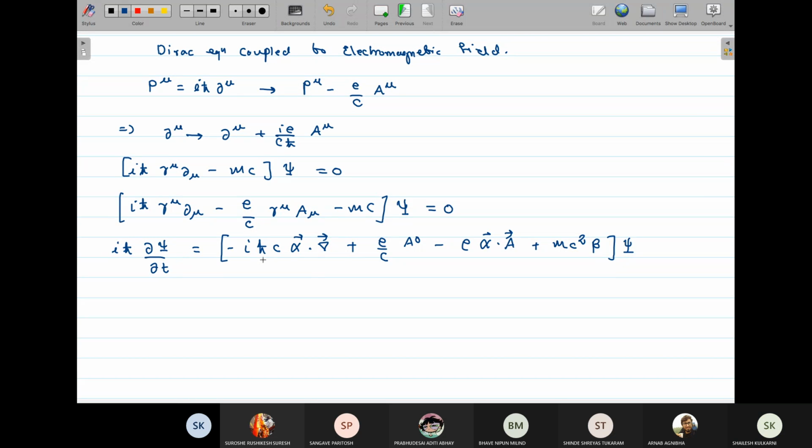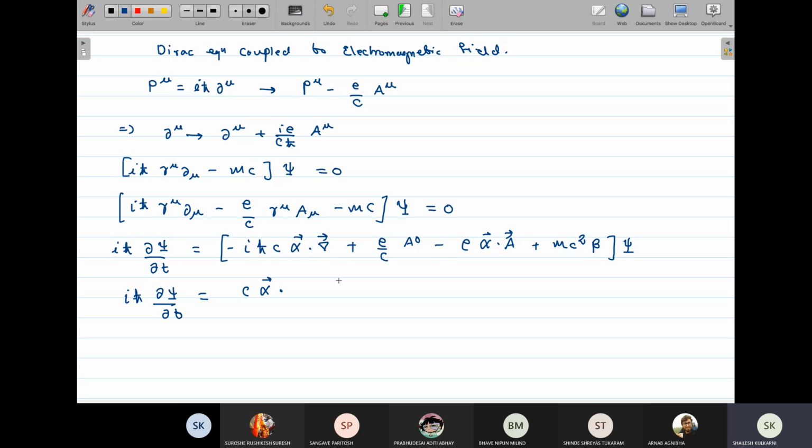I will write this as i h cross del psi by del t equal to minus i h cross times this gradient, which is the momentum operator, so it will be c alpha dot momentum operator. But then there is this alpha dot A also.